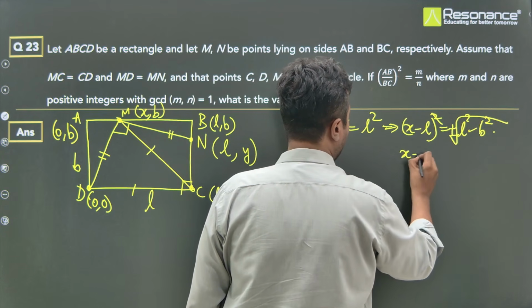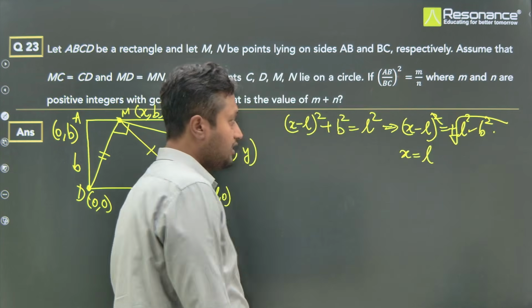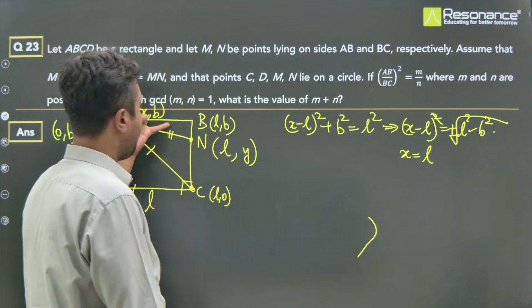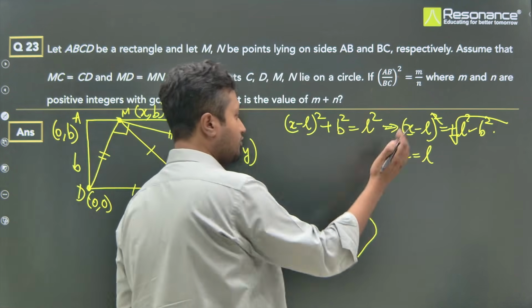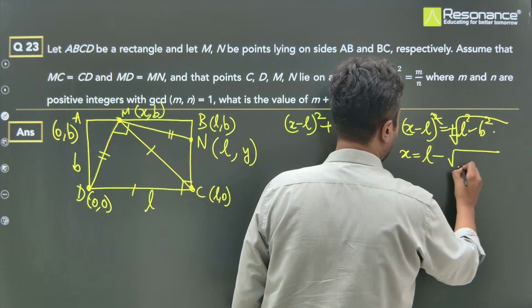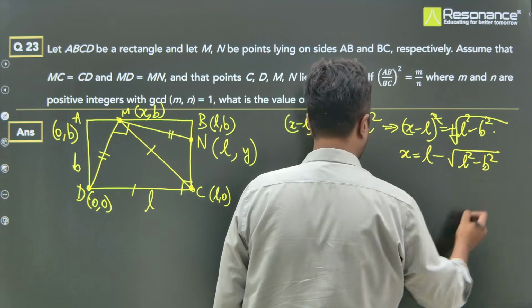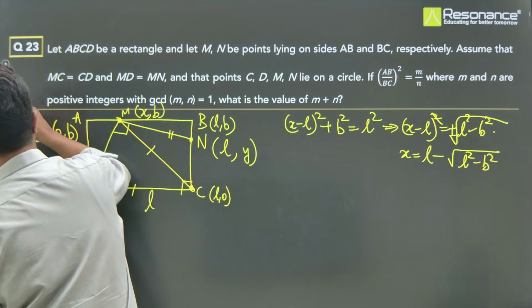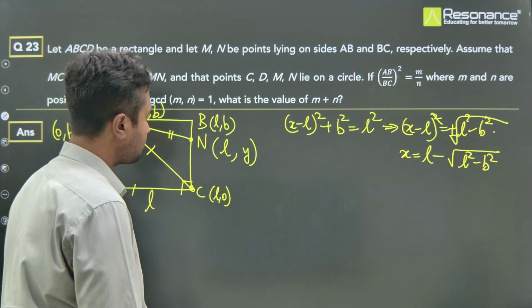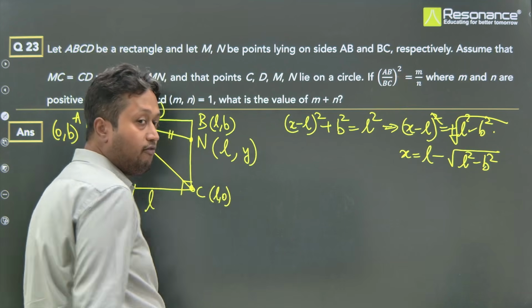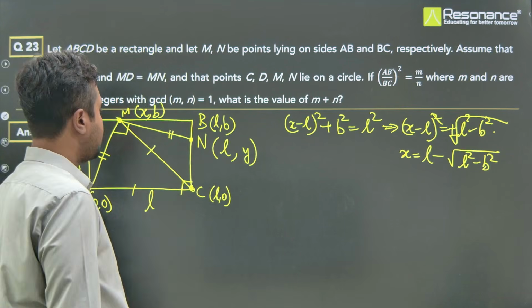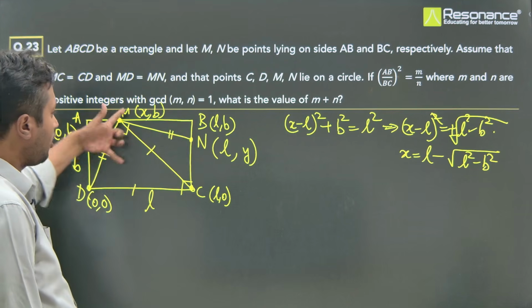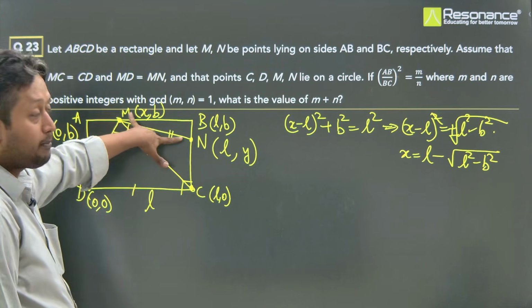So x is equal to L plus or minus that. Think about this. If you take the plus sign, then x would be more than L, so it is not on the side AB. It is outside of the side, on the extended one. So the only reasonable choice would be x equal to L minus that thing over there, right? Okay, so we have a concrete value for x now. Now let's think about N. Well, maybe the easier thing would be not the distance, but these two are perpendicular to each other.